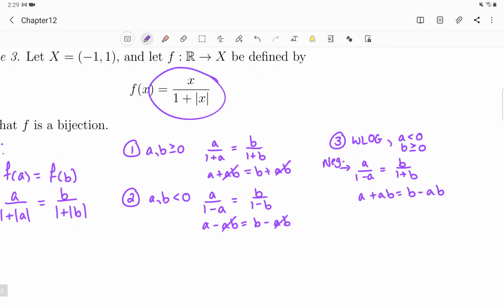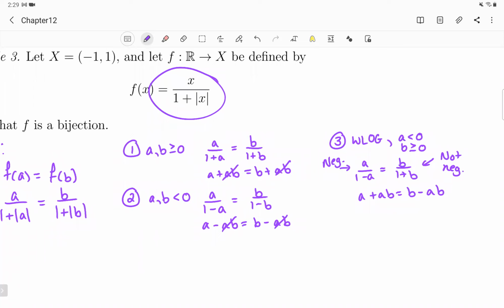It could be 0 or it could be positive. We're getting a positive or 0, so it's not negative. So this case is actually impossible. You will never have a negative A and a not negative B give you the same output, because a negative number can't equal a not negative number. So this case will never happen.